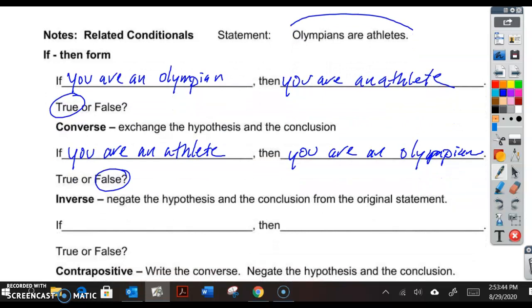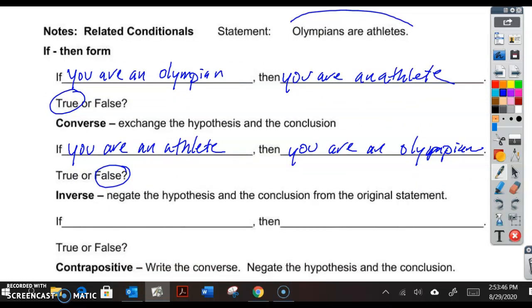The inverse is when you negate the hypothesis, you make it negative, and the conclusion, make it negative from the original statement. So this original if-then, we're just going to write the same thing, but we're going to make them not. So if you are not an Olympian, then you are not an athlete.